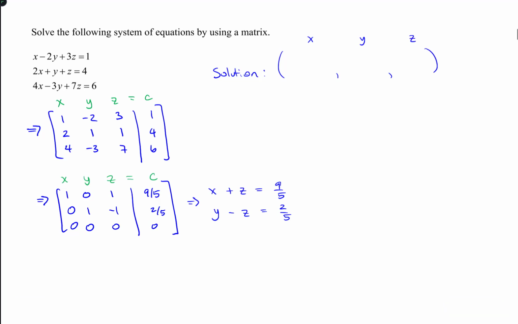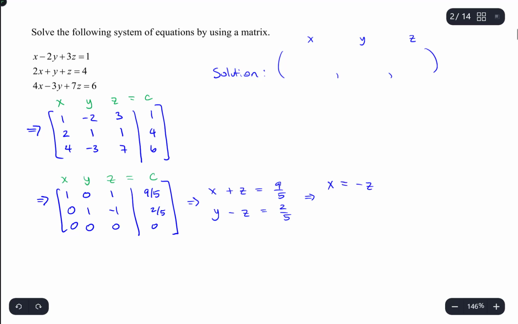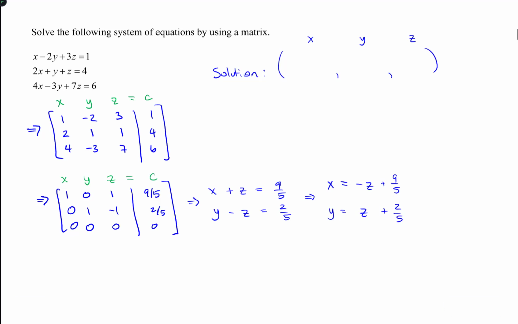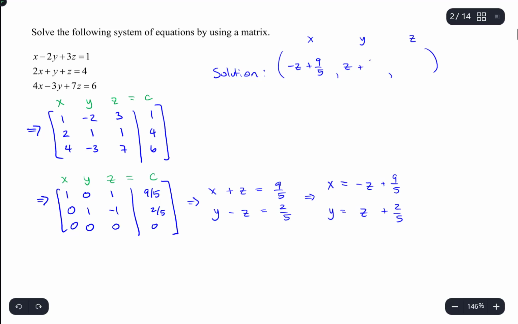Well, I could get something solved for x and y because I could just rewrite these equations as x equals negative z plus 9/5 and y equals positive z plus 2/5. All right, so that I can actually just put in for x and y. So negative z plus 9/5 and z plus 2/5. But then the question is, what is z?